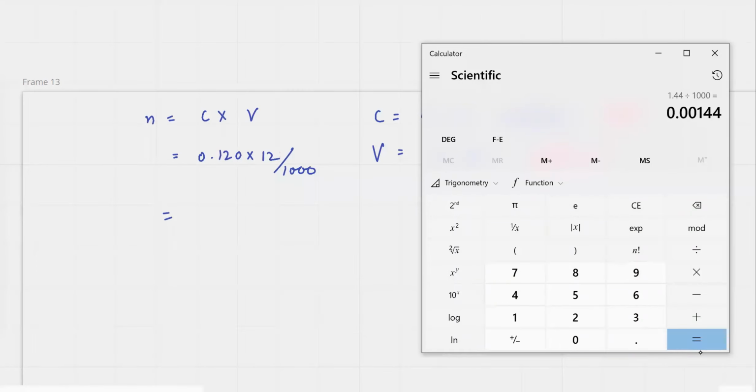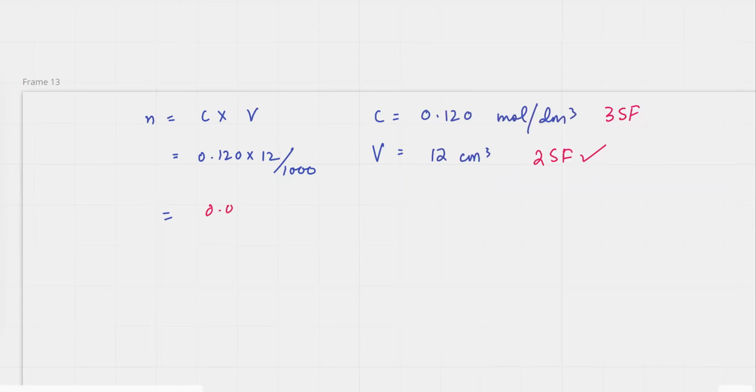1.44 multiplied by 10 to the raised power minus 3. So you're getting 0.00144, okay? So that's the value that you're getting, 0.00144 moles.